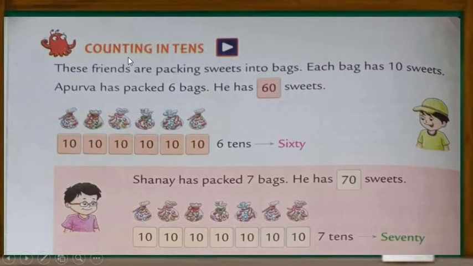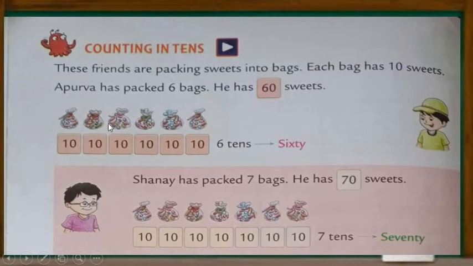Now look at here, my dear students, this is very important. This will help you to understand the place value also. Look, these friends are packing sweets into bags. Each bag has 10 sweets. Apurva has packed 6 bags, so he has dash sweets.